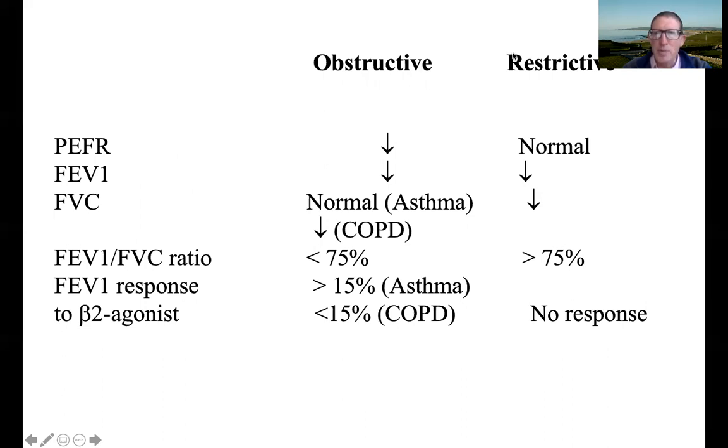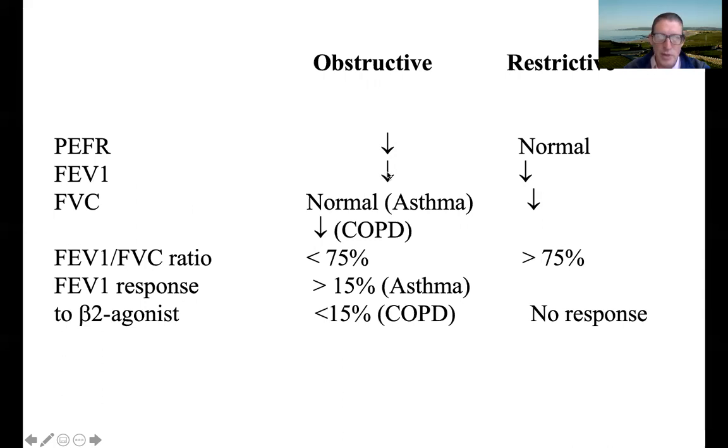So if we compare obstructive and restrictive patterns on spirometry, then the peak flow is reduced in an obstructive pattern, but because there's no airflow obstruction, the peak flow is actually normal in a restrictive pattern. There's no obstruction to airflow. Key learning point there.